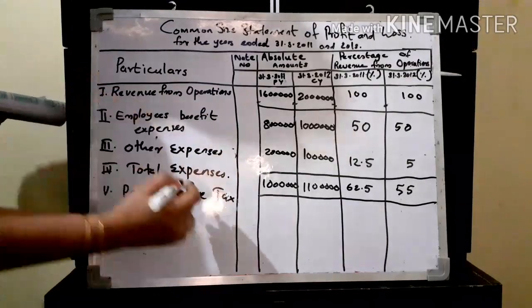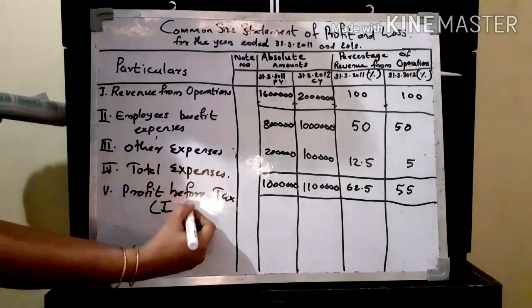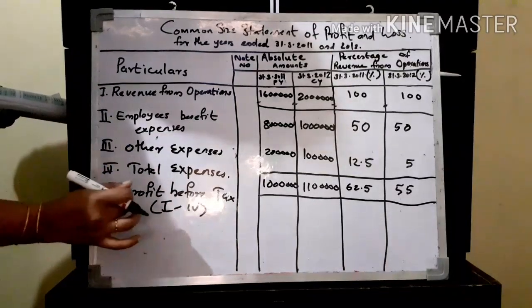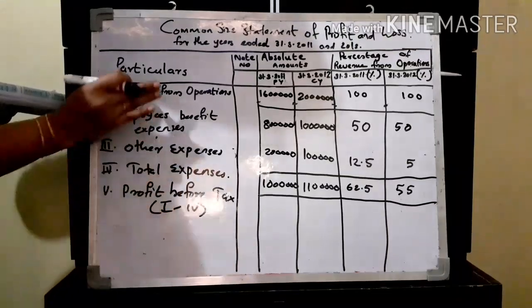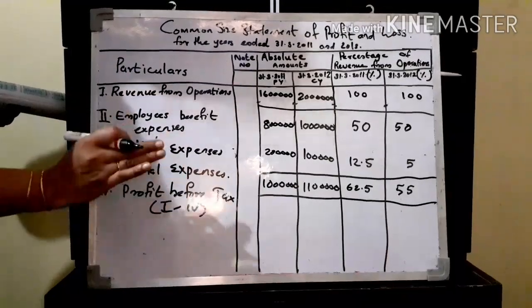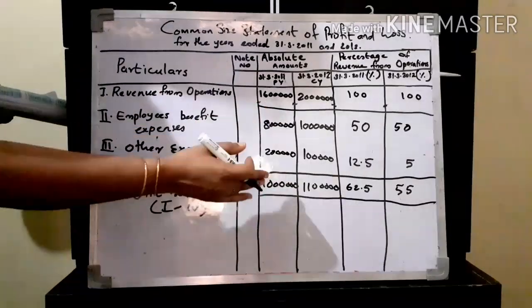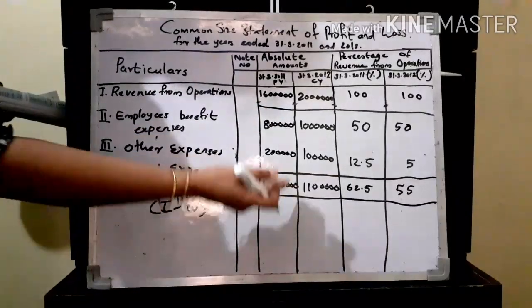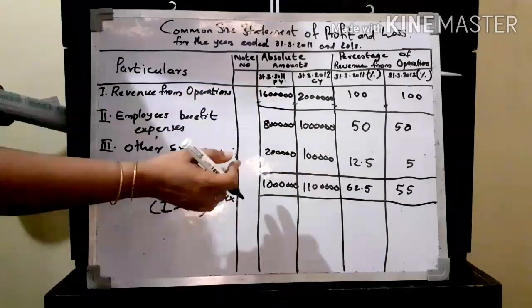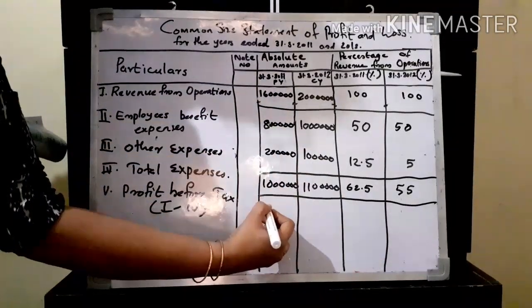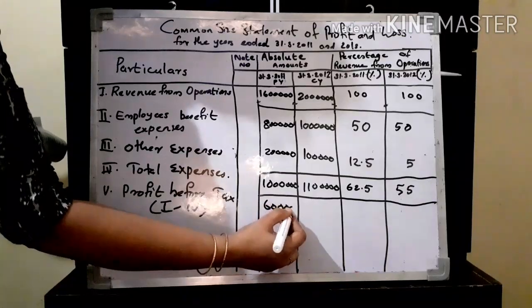This first item minus this fourth item is profit before tax. Total expenses are not given; we calculated 10 lakhs, and 16 lakhs is the revenue. 16 lakhs minus 10 lakhs is 6 lakhs.